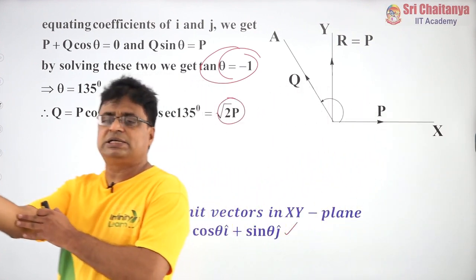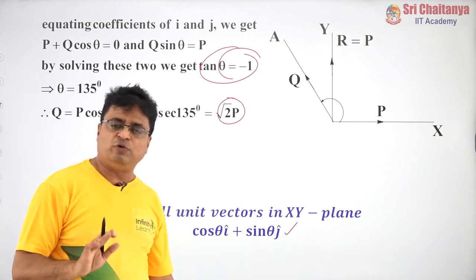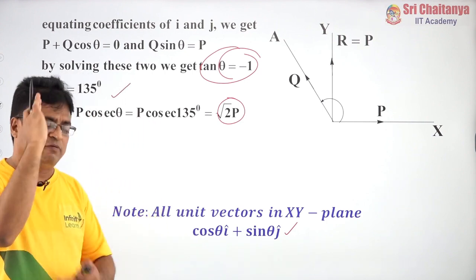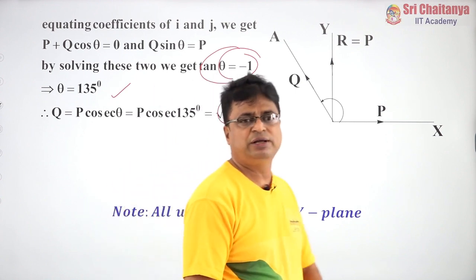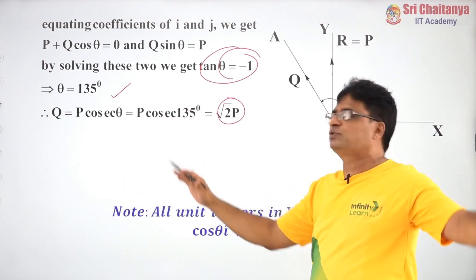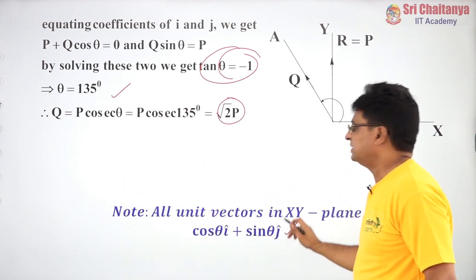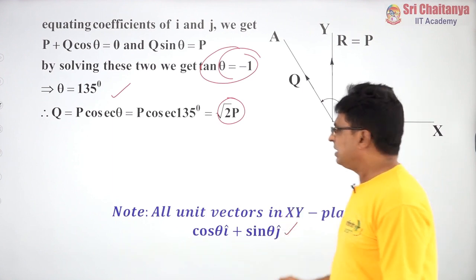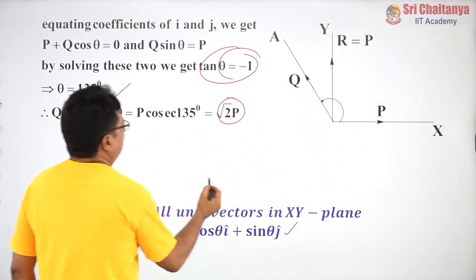Unit vector along x axis is i only, unit vector along y axis is j only, but all unit vectors on xy plane, this is the concept, cos theta i plus sin theta j, because it is very simple.